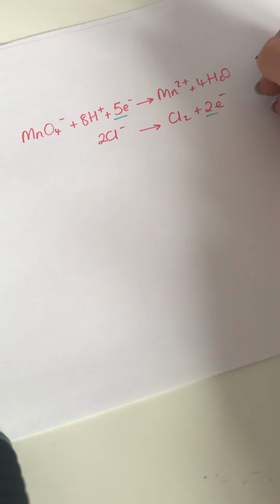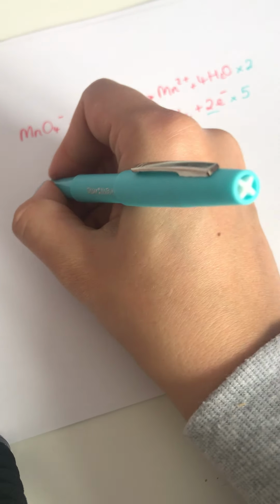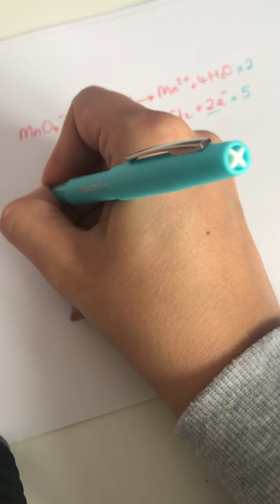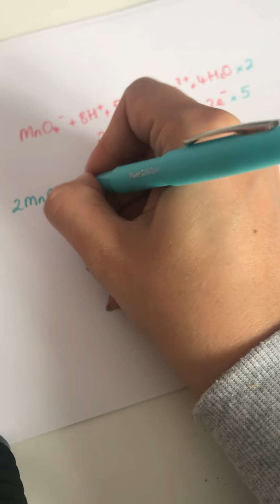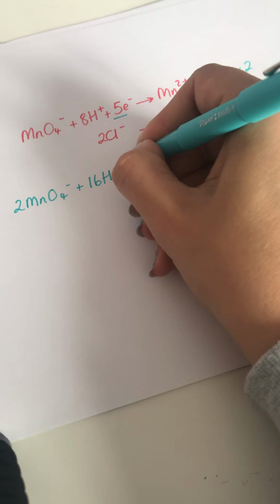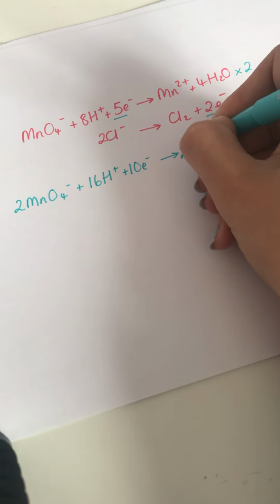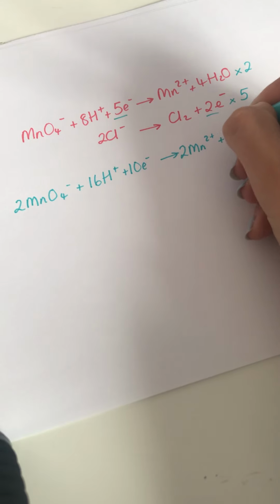What I'm going to need to do here is start by making it so that there is the same number of electrons for either half equation. So I'm going to times the top equation by 2 and the bottom one by 5. This will make it 2 MnO4-, 16H+, 10 electrons, 2 Mn2+, and 8 waters.